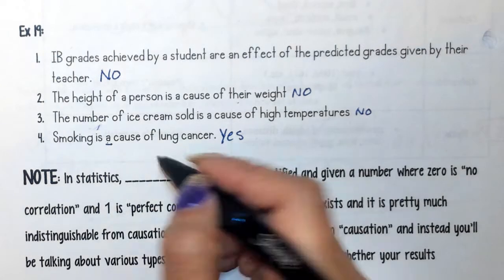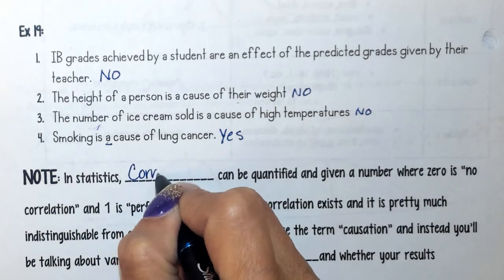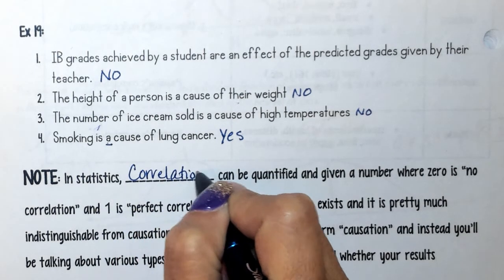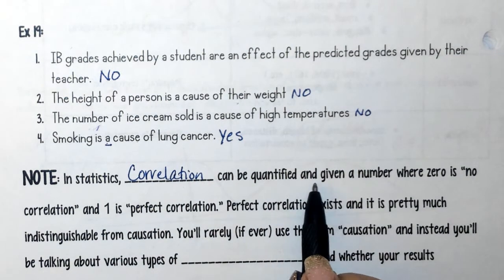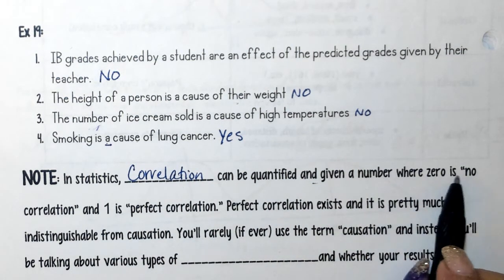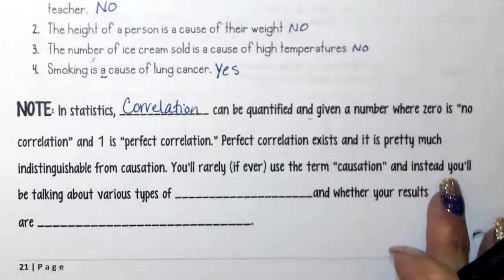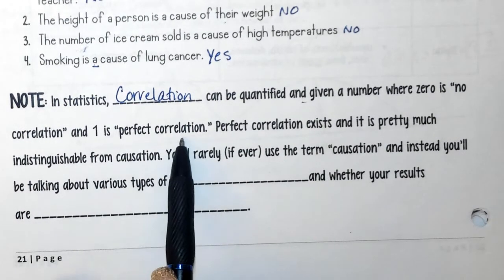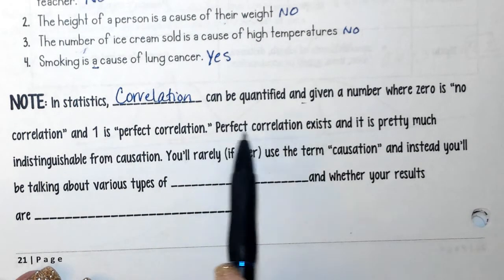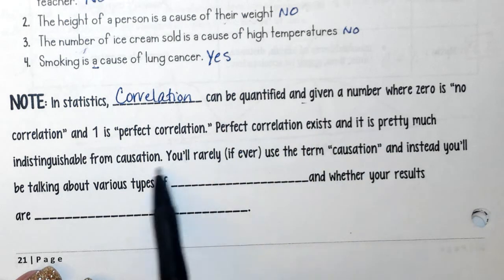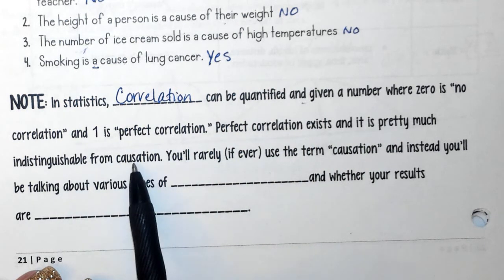In statistics, correlation can be quantified and given a number where 0 is no correlation and 1 is a perfect correlation. Perfect correlations exist, and it is pretty much indistinguishable from causation.